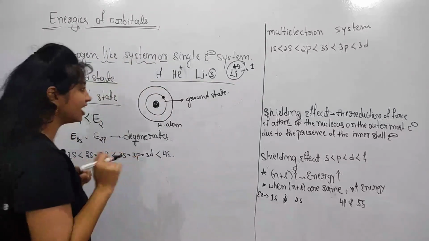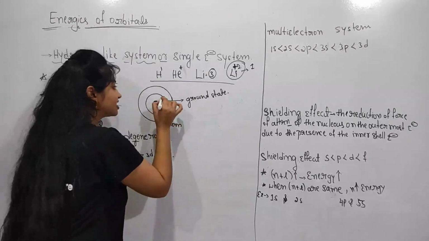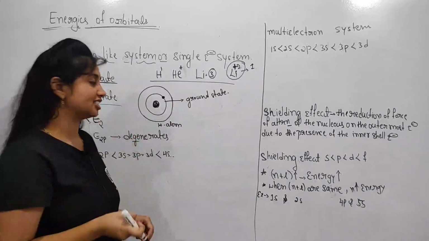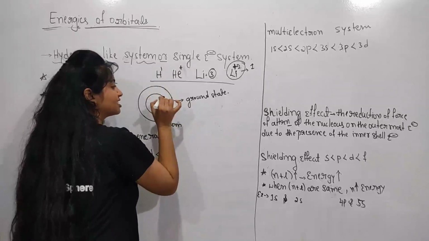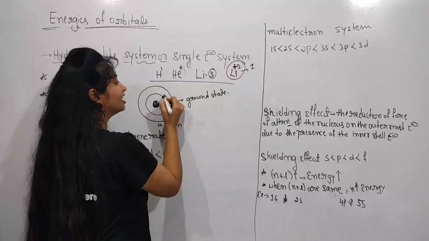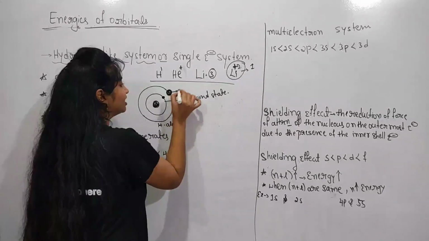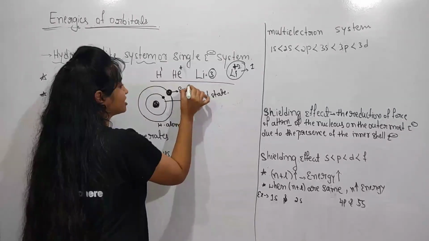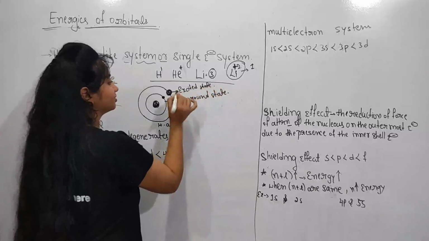Clear? Next, when we apply energy, or when this electron gets more energy, what happens? The electron jumps from the ground state to another, higher level. This becomes the excited state for this electron.